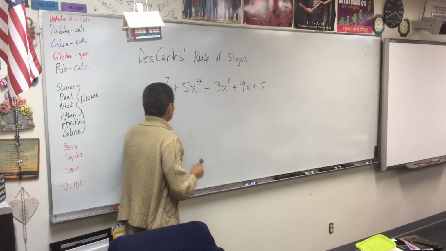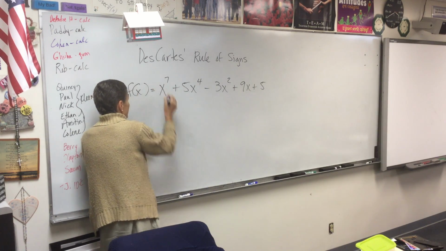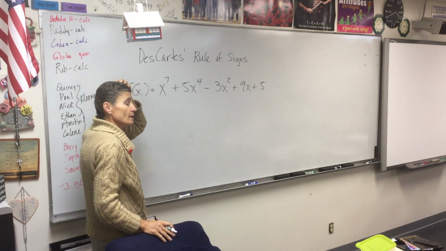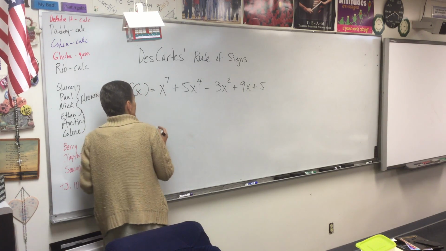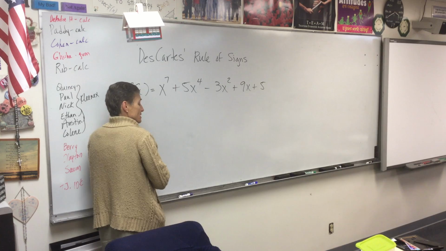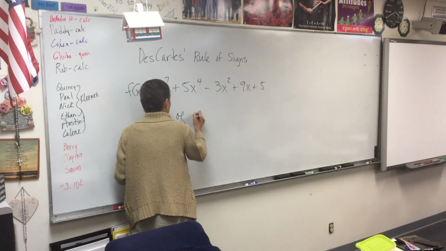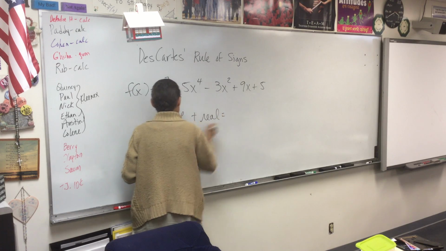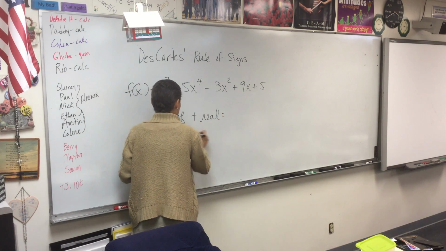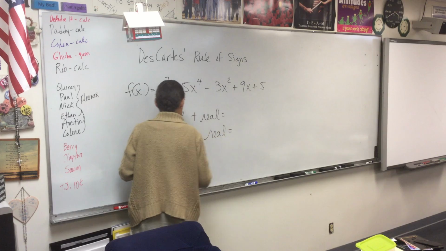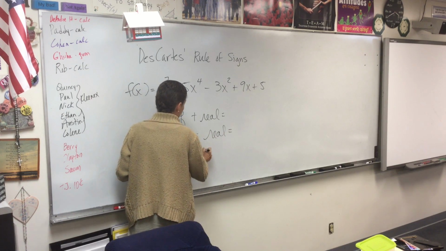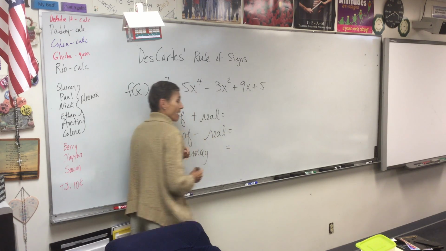Let's say we have this problem right here. Okay, this is our polynomial function, and we want to know the nature of the solutions. And the nature of the solutions is the number of positive reals, the number of negative reals, and the number of imaginary solutions that this problem is going to have.